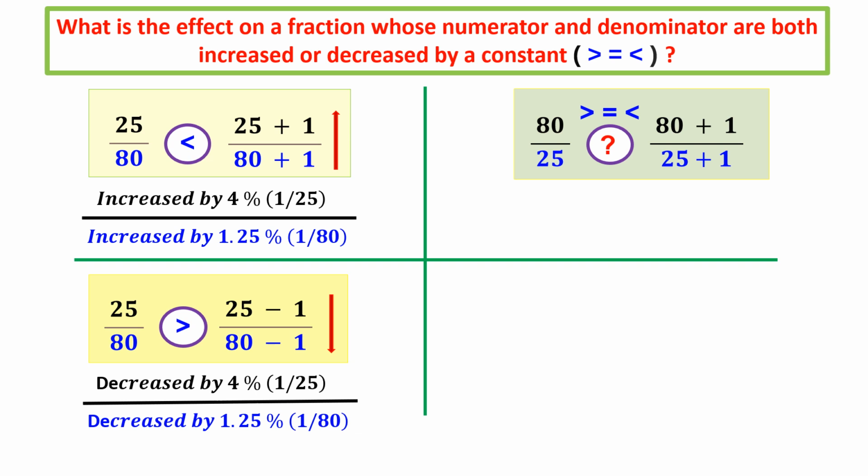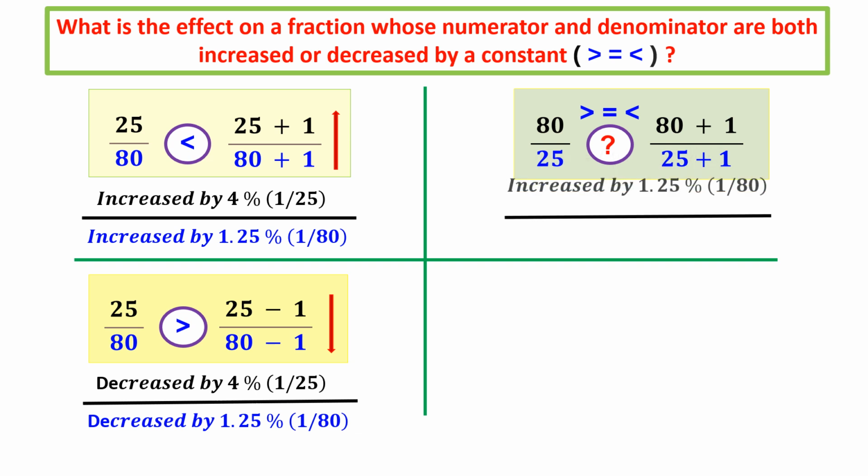And the third case, we have a positive fraction which is larger than 1 because its numerator is larger than its denominator. We're adding 1 to both numerator and denominator.